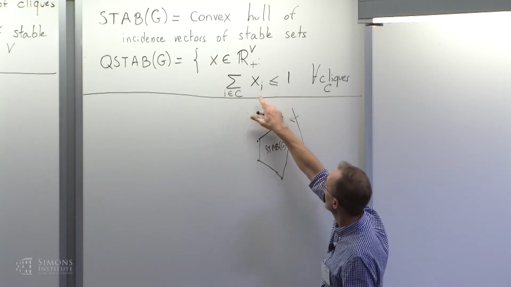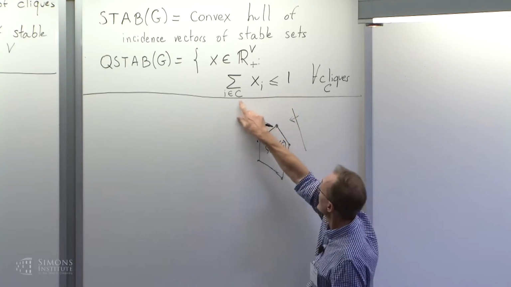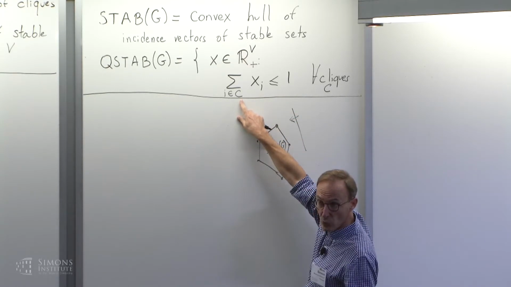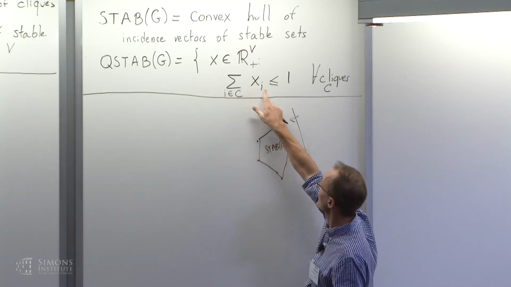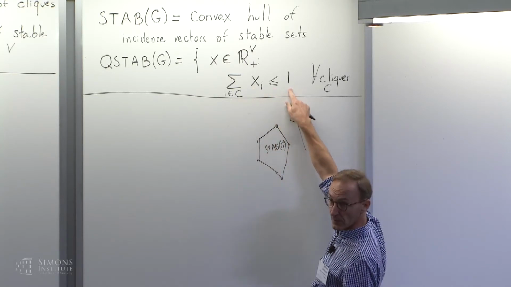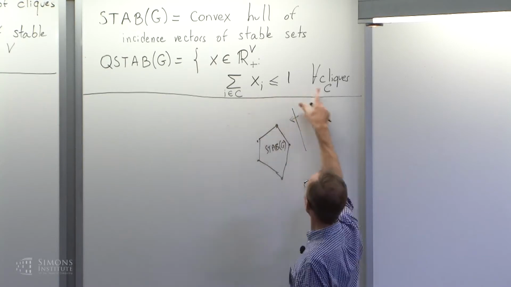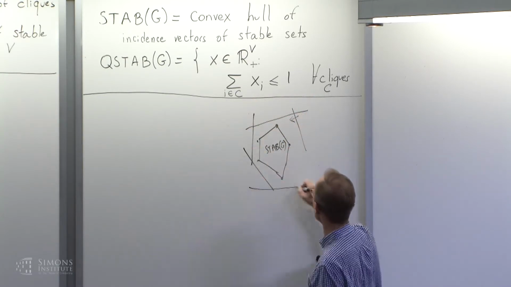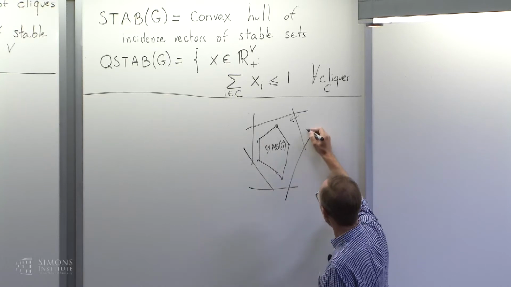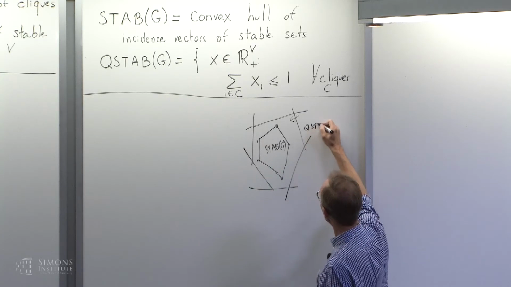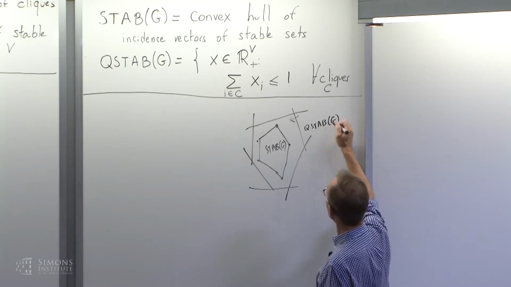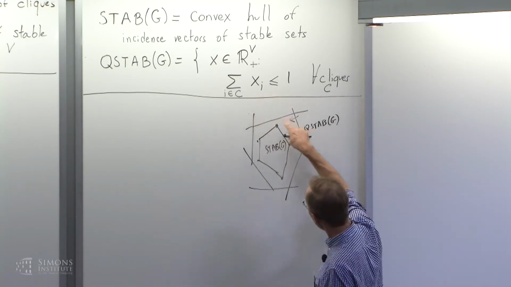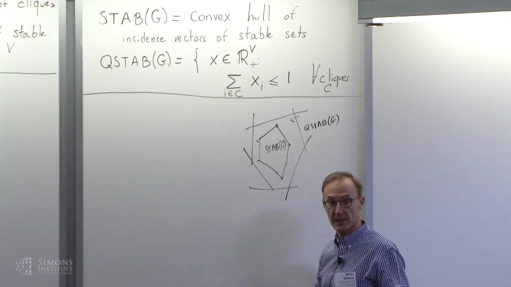That's simply saying that if I take any clique, a clique and a stable set intersect in at most one vertex, and so the sum of these x_i is at most 1. So now if I take all cliques and consider all these inequalities, I get a polyhedron Q stab of G defined in that way in terms of its facets, and that contains stab of G.